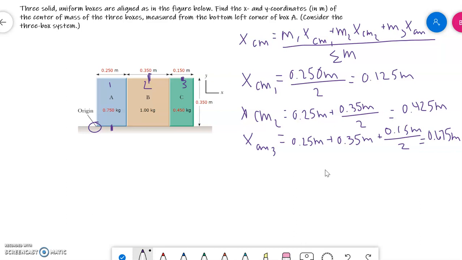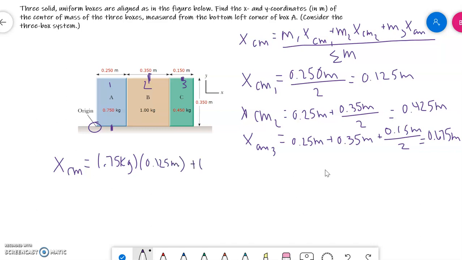So we can go back to the center of mass equation for the x-coordinate. And we have mass 1, 0.75 kilograms times the center of mass for mass 1, which is 0.125 meters.